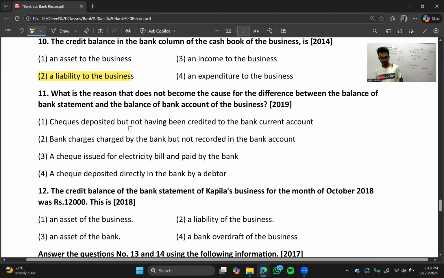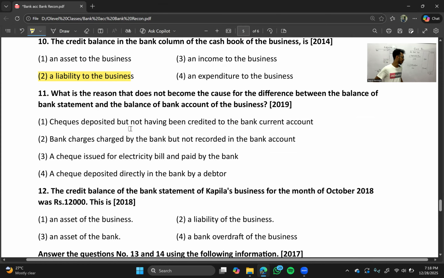What is the reason that does not become the cause for the difference between the balance of the bank statement and the balance of the bank account? Check deposited but not credited by the bank, that is a reason. Bank charges not recorded in the cash book, that is a reason. Check issued for the electricity bill and paid by the bank. Now, the check is issued and the bank has paid it.